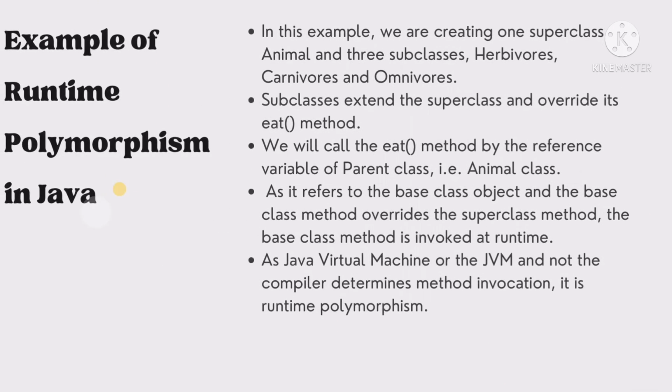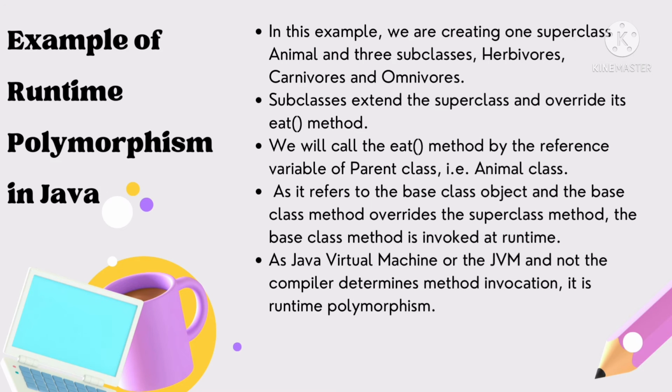Okay guys, now learn about the example of runtime polymorphism in Java. Here we will also use the concept of upcasting. In this example, we are creating one superclass named animal and three subclasses named herbivores, carnivores, and omnivores. Subclasses extend the superclass and override its eat method.